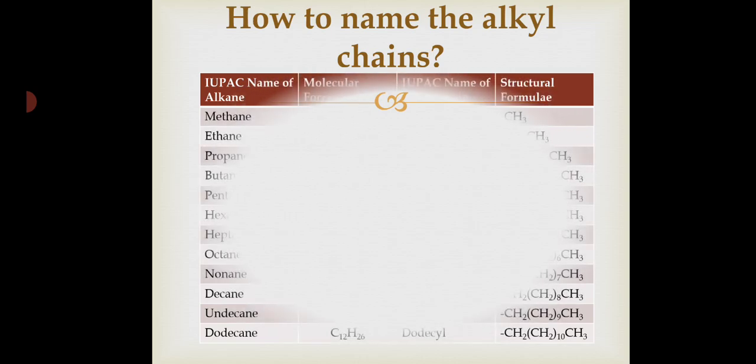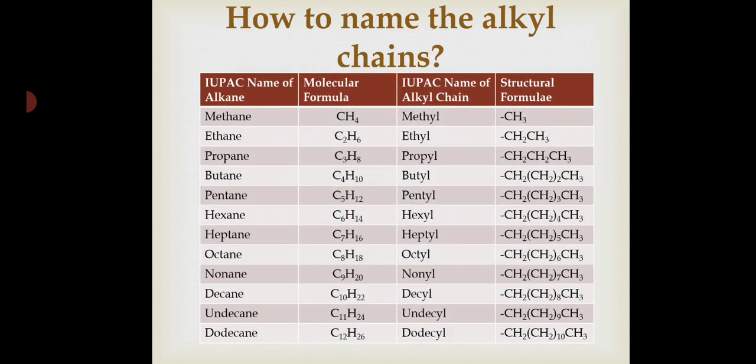Here come the IUPAC names of the alkyl chains. From methane we can get methyl, from ethane we can get ethyl, from propane we can get propyl, from butane we can get butyl, and so on, just by removal of one hydrogen.